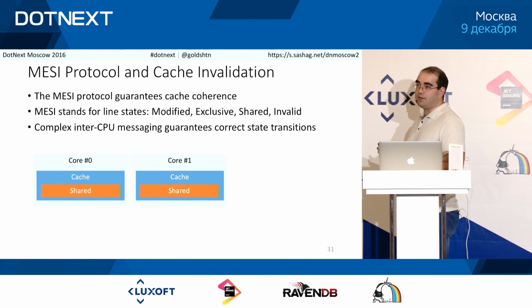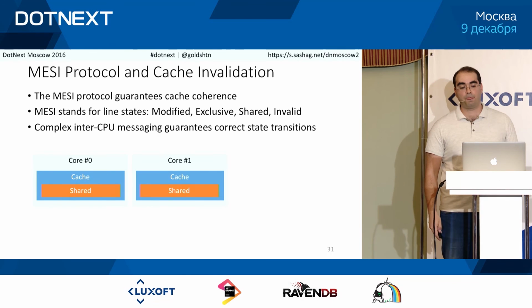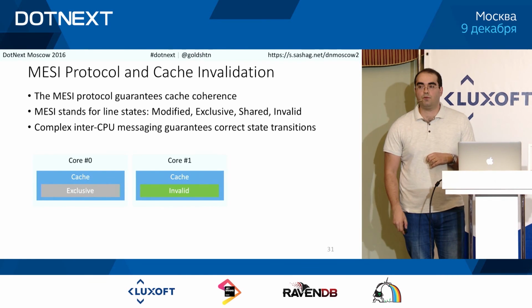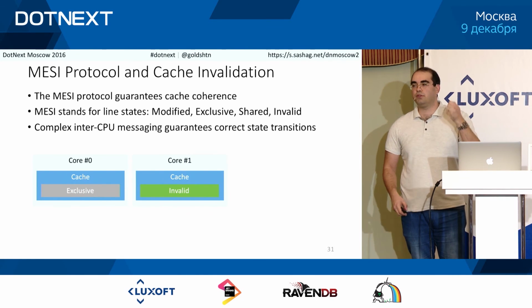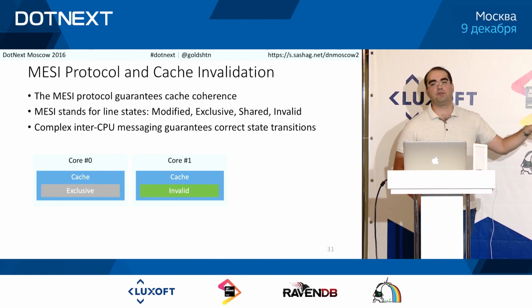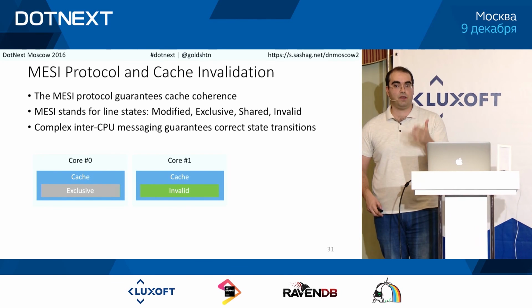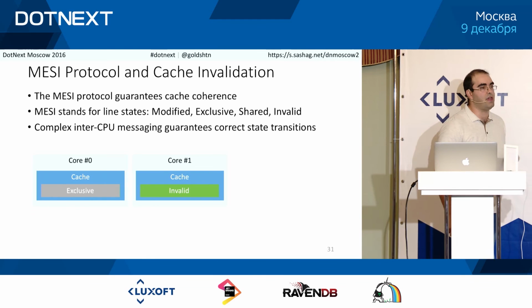What typically happens is both processors have that value in their cache. And then one processor wants to say, I want to write to that value. So it has to tell the other processor, forget about this value, I want to write to it, and then it's marked exclusive in one cache and invalid in the other cache.